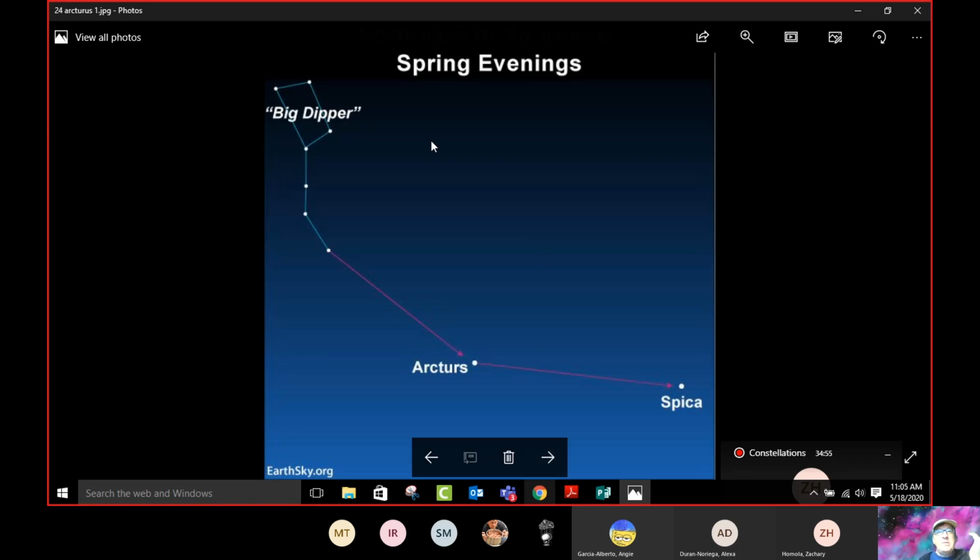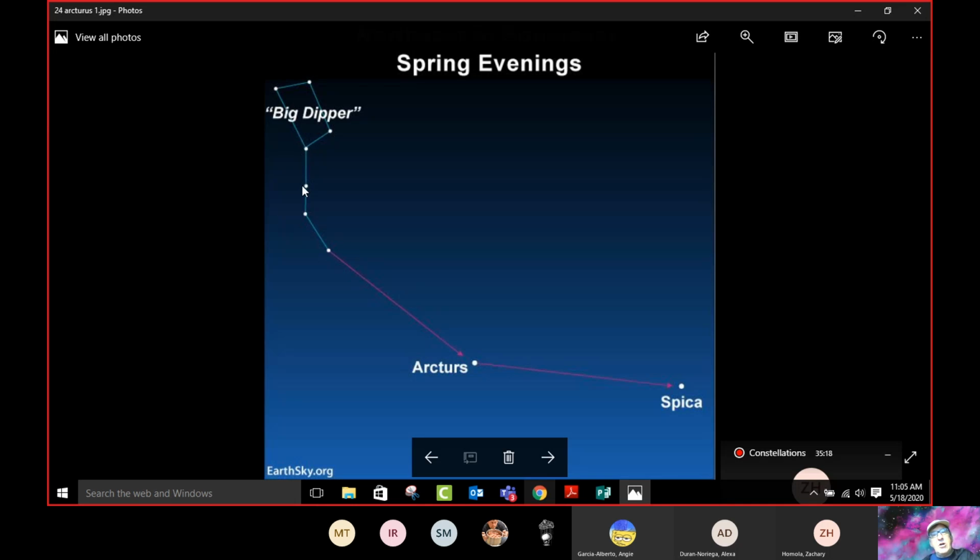Okay, well, the Big Dipper can also be used to find other stars. So instead of following these pointer stars to Polaris, the North Star, what happens if we follow the curve of the handle? Well, if we follow that curve, it takes us to this star, which they misspelled, which is Arcturus.